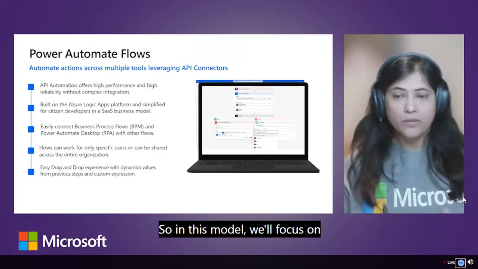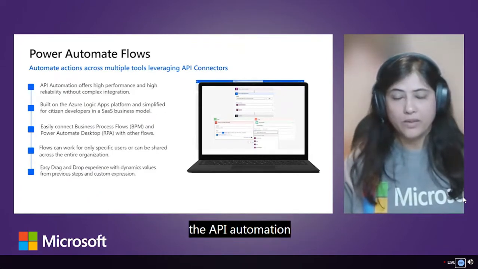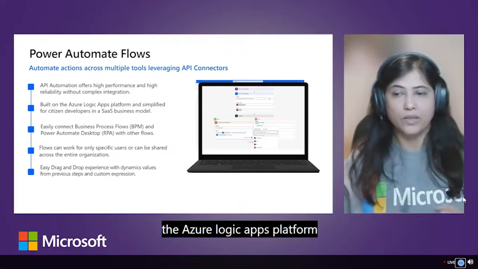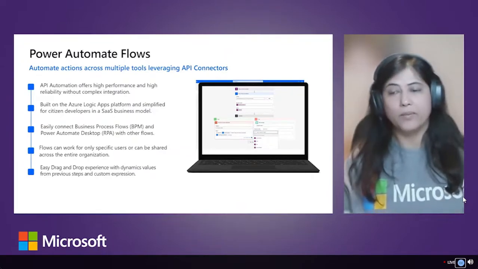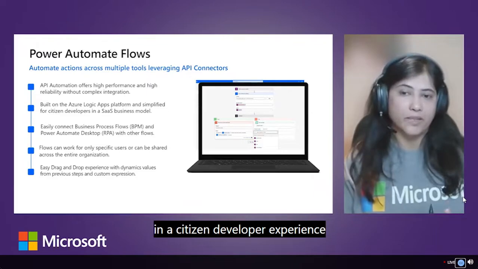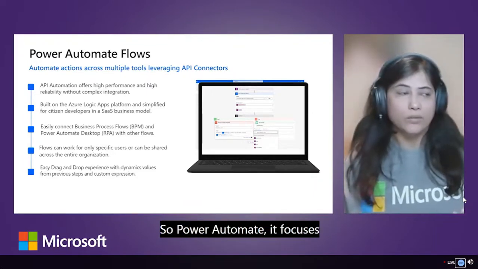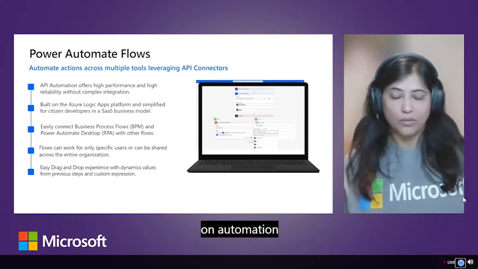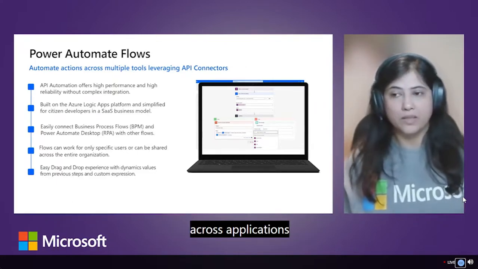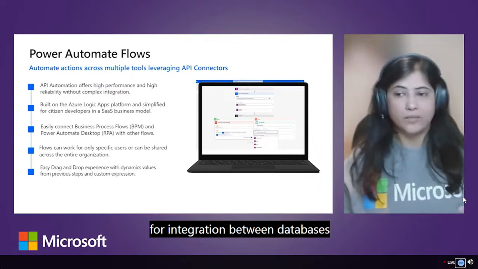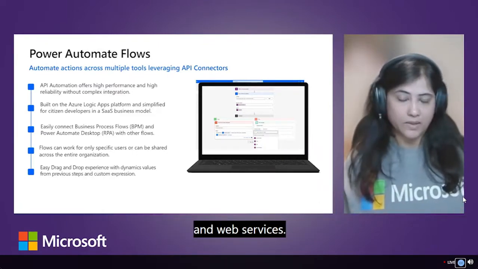So in this module, we'll focus on API automation with flows and connectors. Flows are built on the Azure Logic Apps platform, but packaged in a citizen developer experience and SaaS business model. Power Automate focuses on automation across applications, while Logic Apps is better suited for integration between databases and web services.